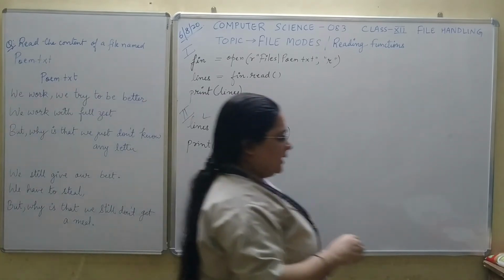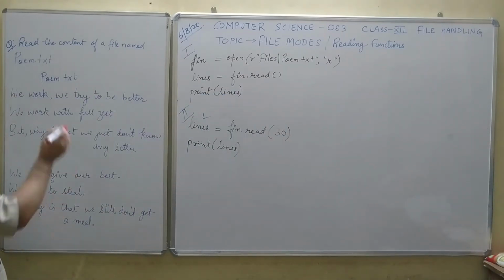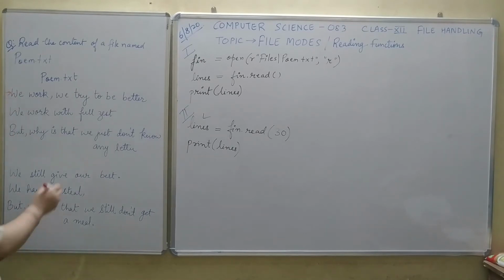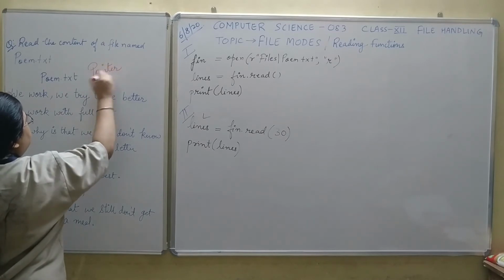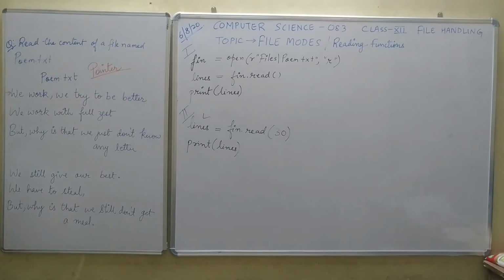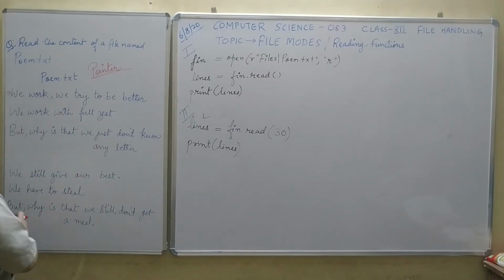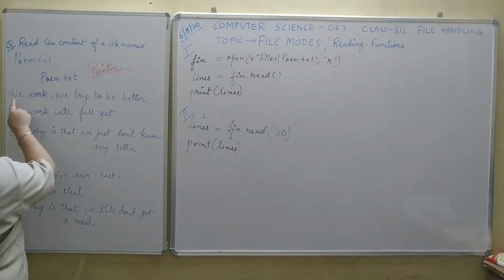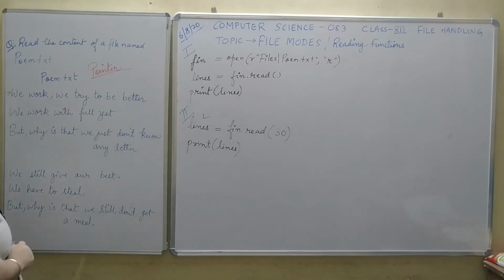Now what happens over here is, students, please pay attention. Right in the beginning, there is a file pointer which points to the beginning of the file, which is right over here. So when we read something, like we are reading 30 characters, let's count. We will be including spaces and special symbols also in this.